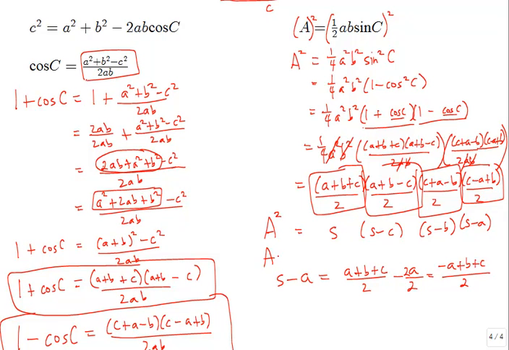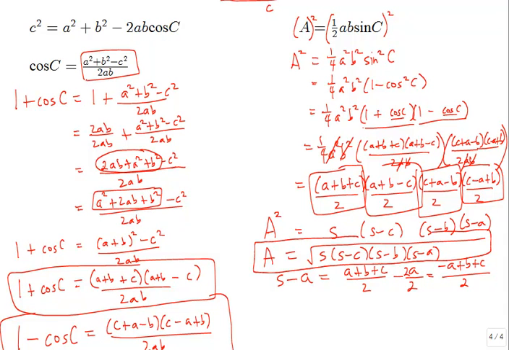So what would just A equal? Well, I'd have to take a square root of both sides. And we're talking about area, so I only want to use the positive square root. And here is where Heron's formula comes from. So the area is the square root of S times (S minus c) times (S minus b) times (S minus a).